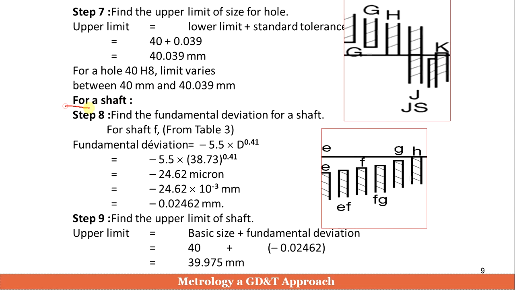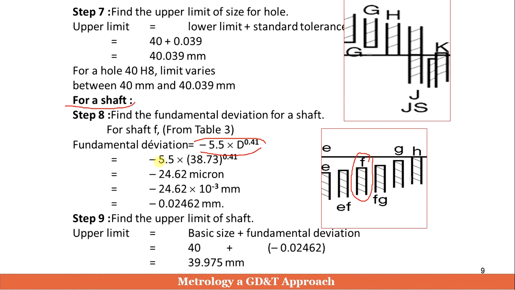The second step is to find out the sizes for a shaft. In this case we'll require the f shaft, which is represented over here. The fundamental deviation will be the first step to be calculated, and from the table we have the fundamental deviation formula as minus 5.5 into D raised to 0.41, which will be equal to minus 5.5 into 38 raised to 0.041.